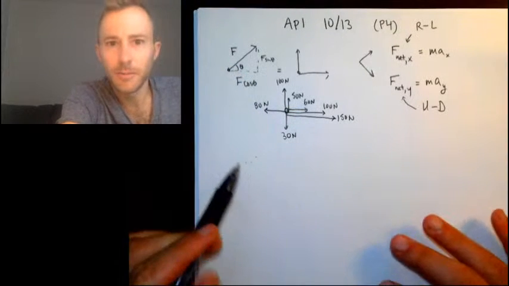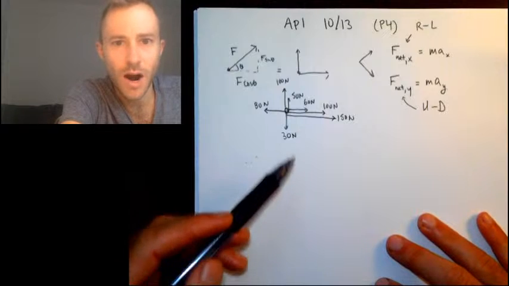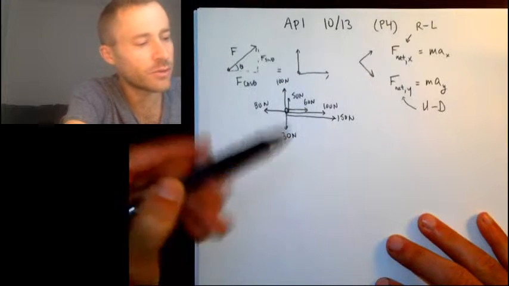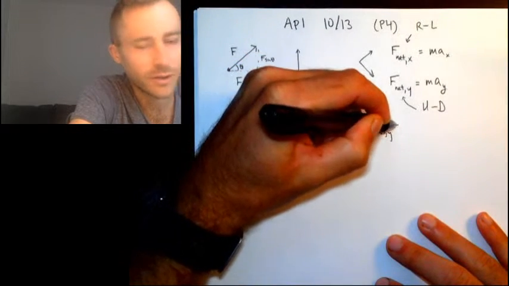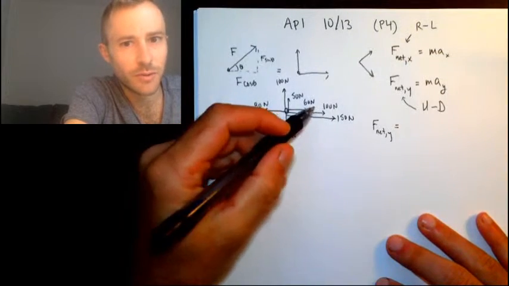The net force in the y direction would be up forces minus down forces, so 100 plus 50 minus 30.